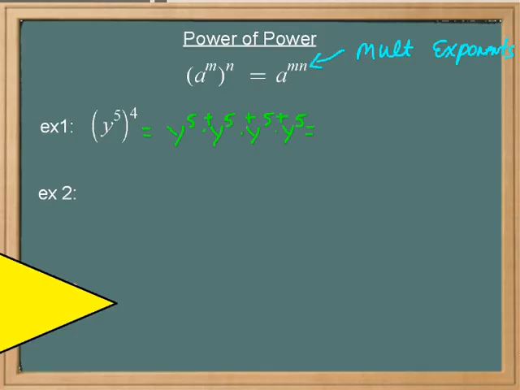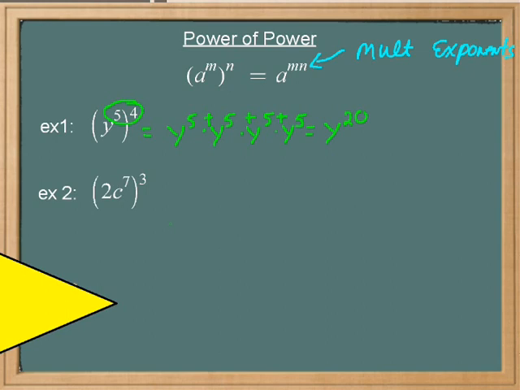It means that if I power that out 4 times, that y to the 5th, I actually end up adding the exponents, which is 5 plus 5 plus 5 plus 5, which is, of course, 20. And a fast way to add 4 5s is to multiply. So there you have it. That's the reason why we multiply 5 times 4 to get our 20.